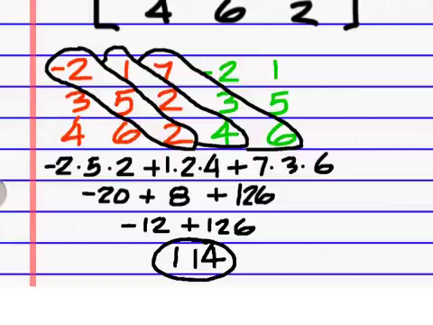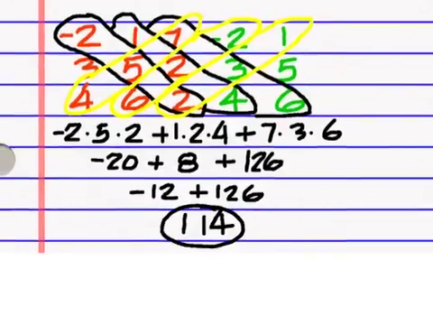Now we have to subtract in order from left to right the following three products that we get. And I'll change to yellow up here. You're going to subtract from 114 the product of these three numbers, and then subtract this separately, and then subtract this separately.